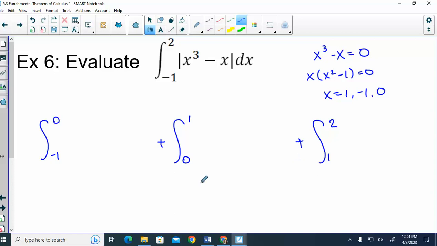If you plug in something between -1 and 0, is this positive or negative? If you put in -1/2, then you get -1/8 minus -1/2. That's positive, so the absolute value doesn't change it.